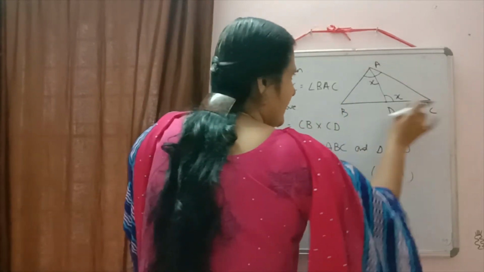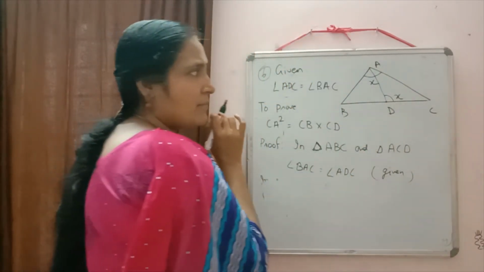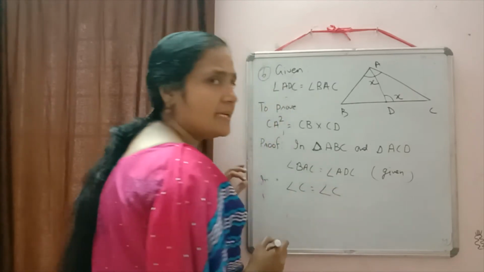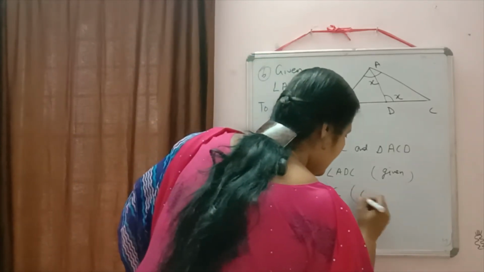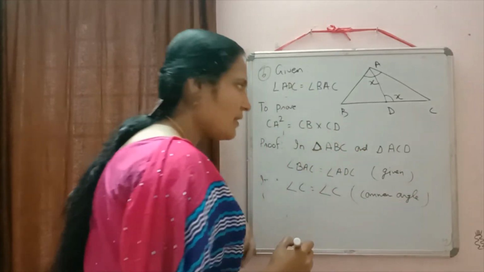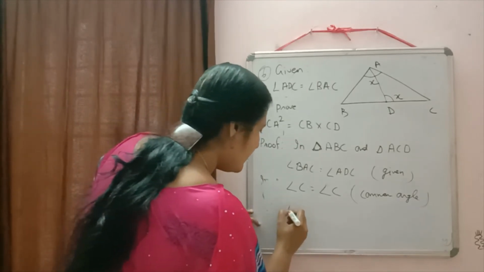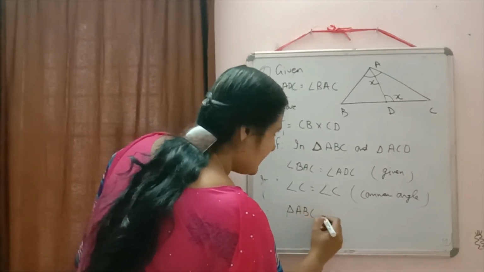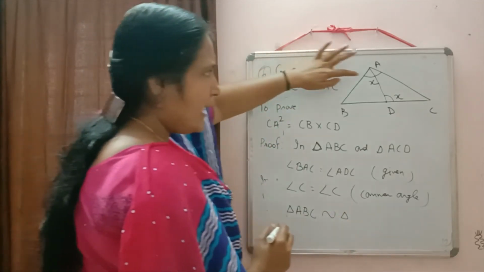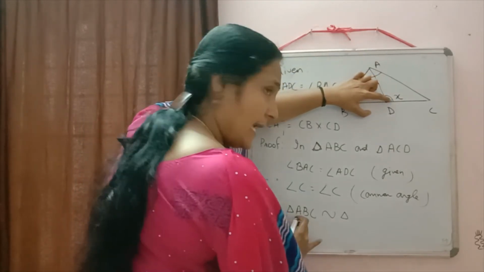In triangle ABC and in triangle ACD, which one is common? Angle C is common. So we'll write down, angle C is equal to angle C. Here we can write down the reason, common angle. So we got two equal angles. So we'll write down, therefore triangle ABC is similar to triangle. Now naming: angle A is equal to which angle? Angle D. So angle A here we wrote first.